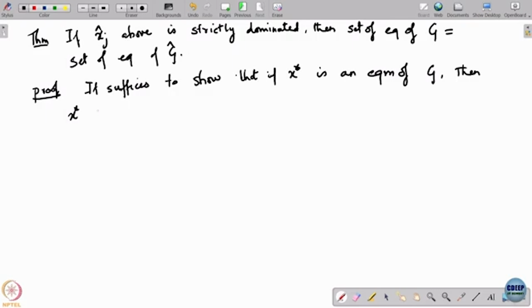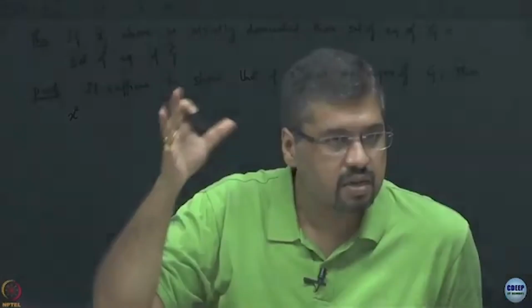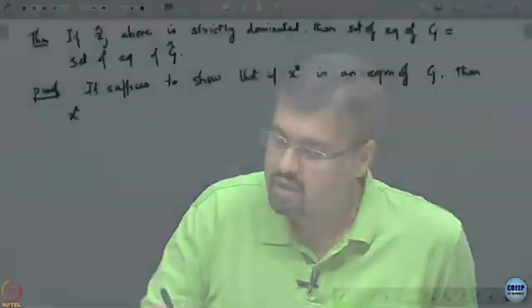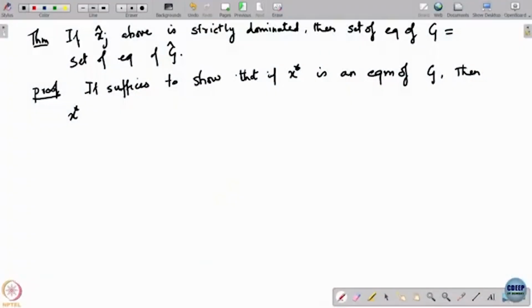Remember we also showed another small lemma which said that if you have a big game and I consider a smaller game, and if the equilibrium of the bigger game is present in the smaller game, then it is necessarily an equilibrium of the smaller game. So, it suffices to show that if x star is an equilibrium of G, then x star just has to be present in G hat.